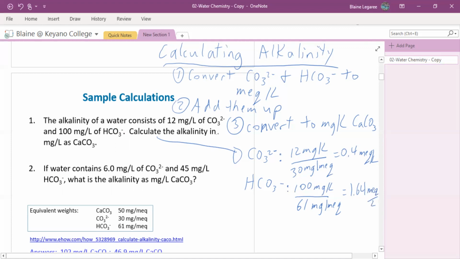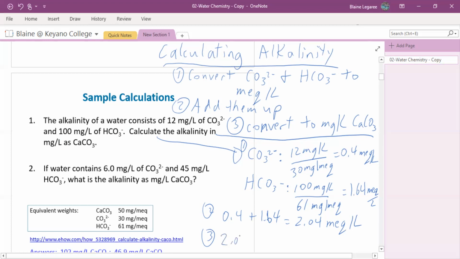Now I'm going to add these up. So 0.4 plus 1.64 equals 2.04 milliequivalent per liter. So that was step 1, and this was step 2. Step number 3 is we convert that to milligrams per liter calcium carbonate.